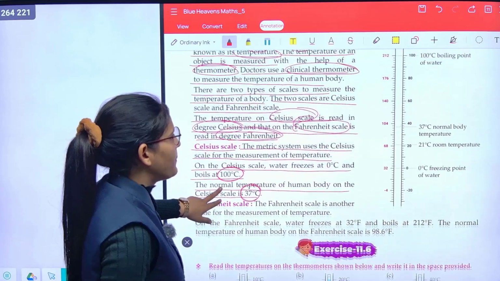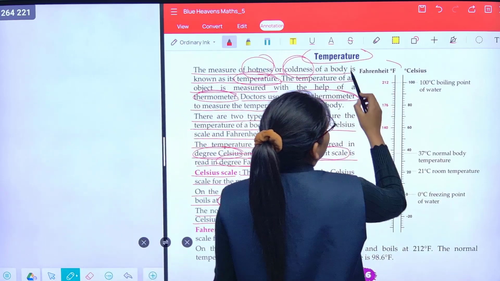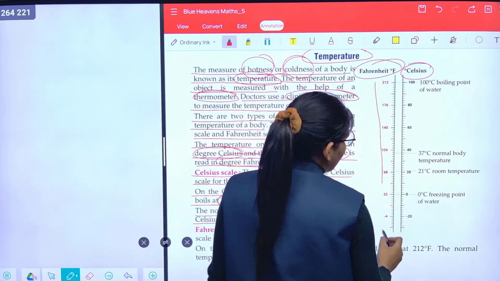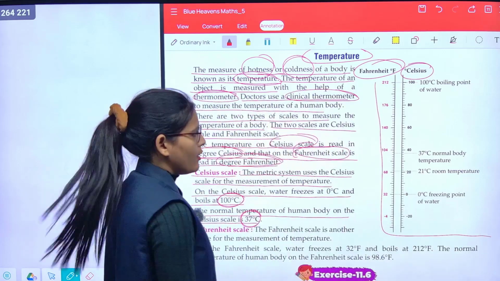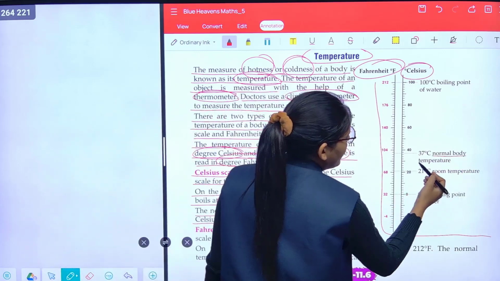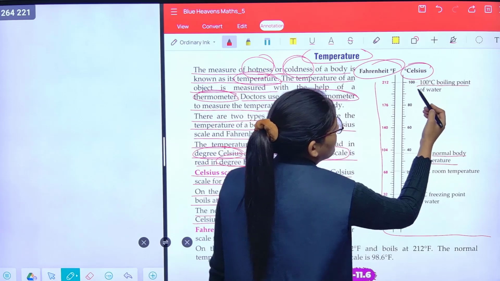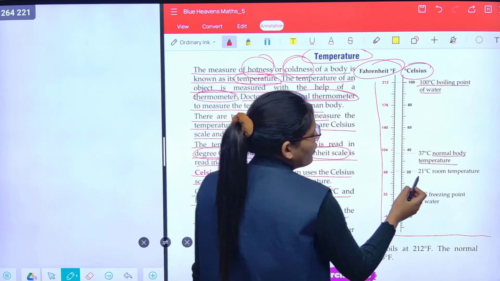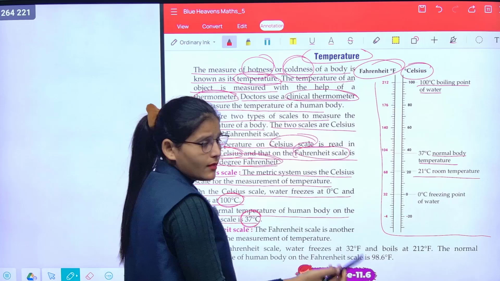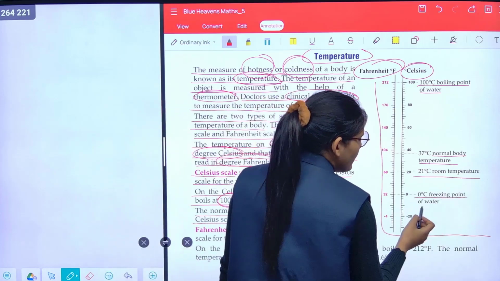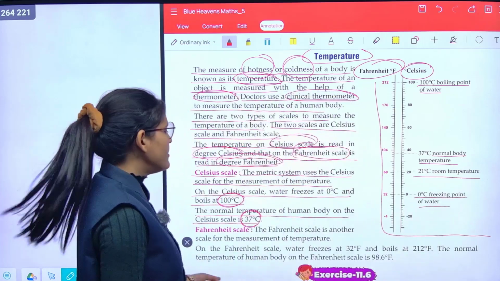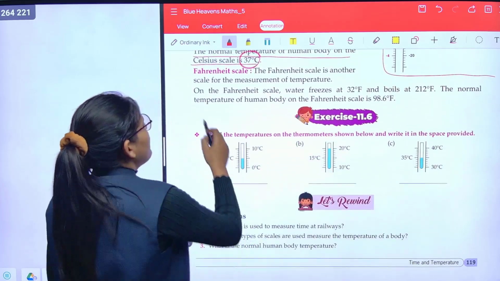Okay, class, see. Normal body temperature, 100 degree boiling point of water, 21 degree Celsius room temperature, 0 degree freezing point of water. Understand class?